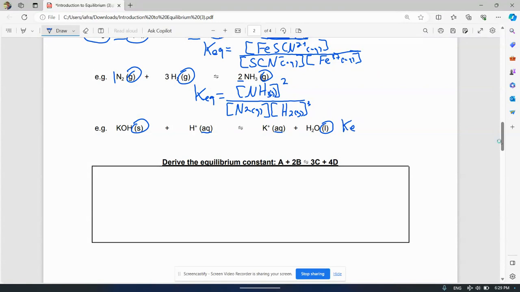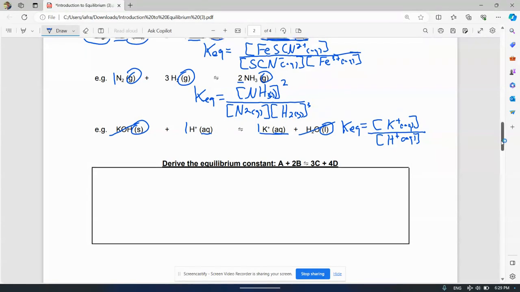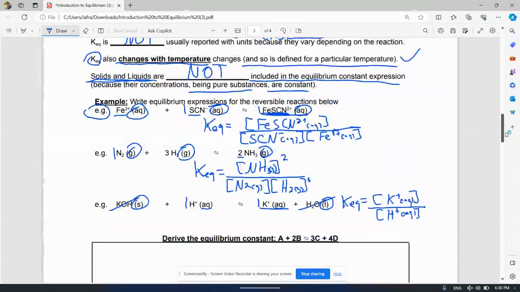So we're going to do K_EQ is equal to, so we have that K+ aq to the power of 1, because there's a coefficient of 1, over the H+ aq to the power of 1, because there's a coefficient of 1, and we don't include the KOH and the water in the equilibrium expression. And so that is how you would write equilibrium expressions for different systems at equilibrium.